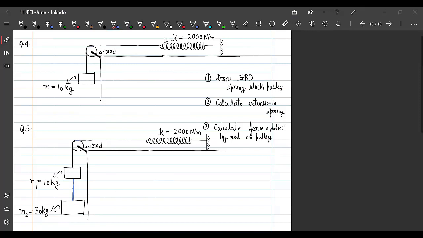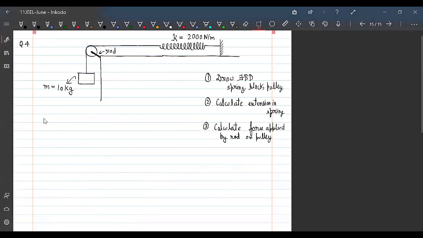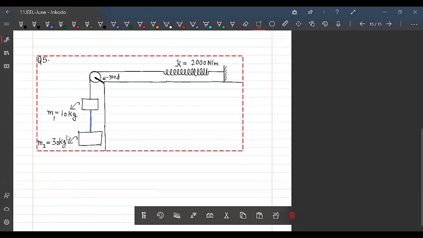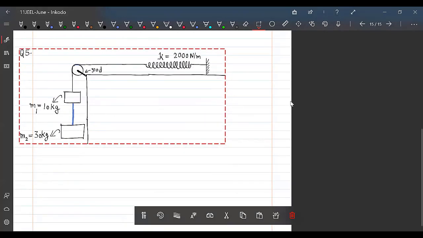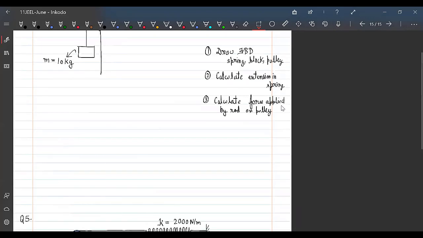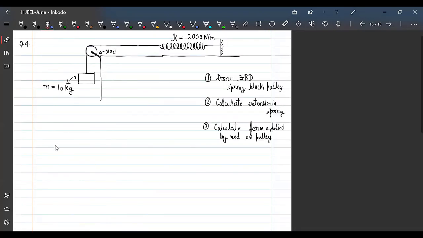I'll draw the free body diagram and then I think the calculation will be easier once you have the FBD. So for the 10 kg block, it's pretty easy. Just make a block. एक ही जगह contact है, and Mg will be acting downward.